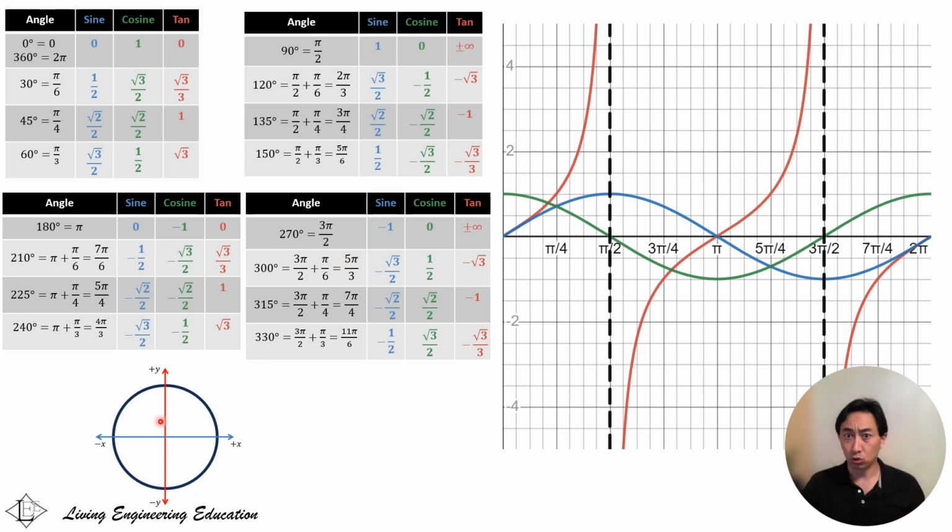So try to draw the triangles that represent 120, 135, and 150, so you can recognize that. For 135, because it's a 45-degree angle that you're drawing here, it's the same because 90 minus 45 degrees is 45 degrees. That's why these are the same there. Because the sine value is positive and the cosine value is negative, our tangent is going to give us a negative value for this segment here. And so this is represented from pi over 2 to pi, and that's this segment right here, which gives us negative values.